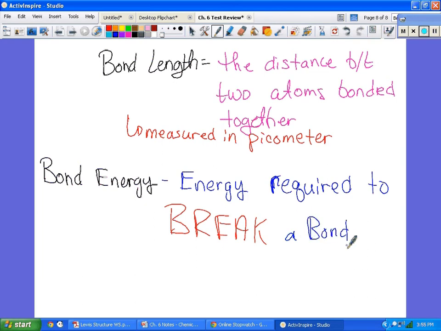The energy required to break it. Not make it, not form it, not create it, not what's there. How much energy would I have to put in in order to snap those two things apart?